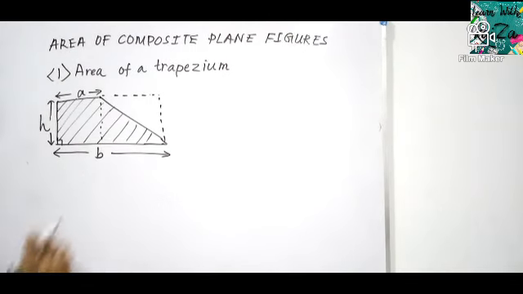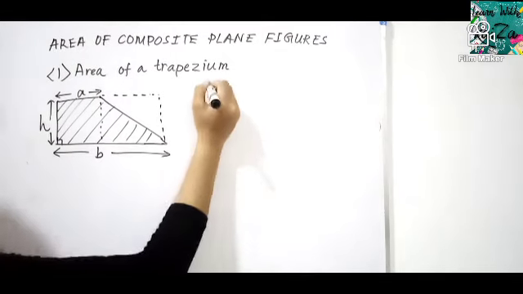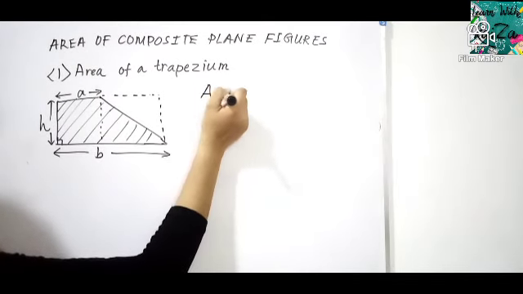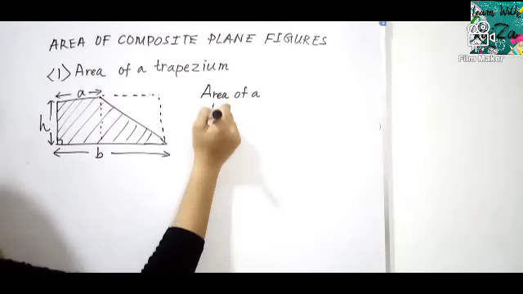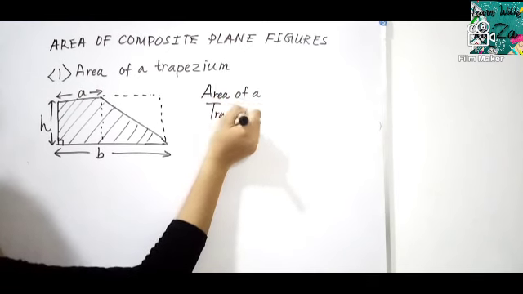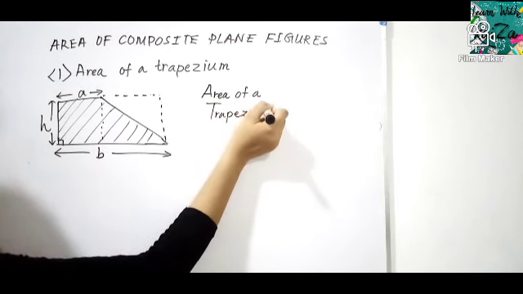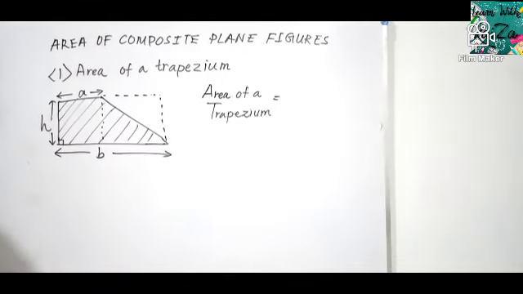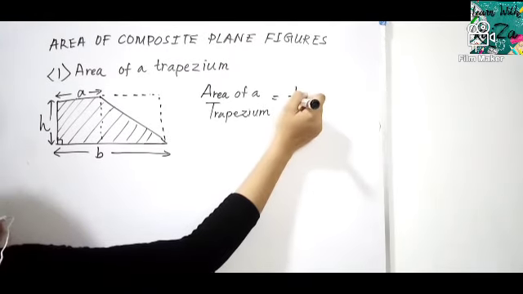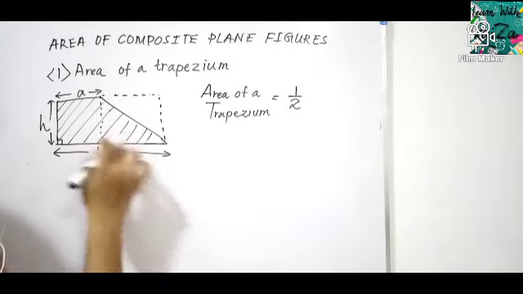So that's it. If I'm going to form a formula for this, you don't need to know how the formula came. You just learn this formula. Area of a trapezium. Don't forget these formulas. If you know these formulas very well, you can do area questions. The formula is half. Here half is taken because triangles are there.